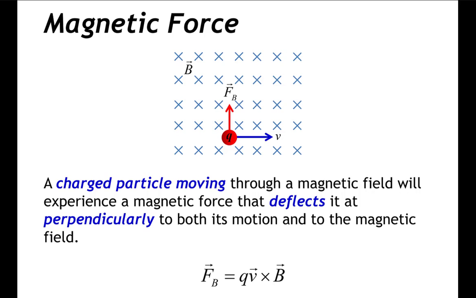So the magnetic force on this moving charge is always at a right angle to the motion, rather the velocity of the charge, and at a right angle to the magnetic field.